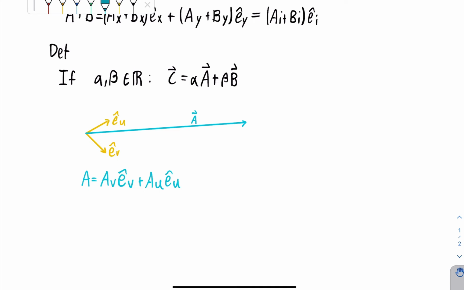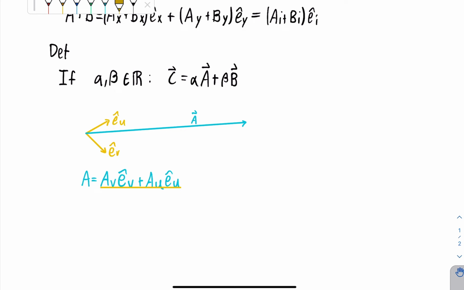So we can decompose A into components of e sub v and e sub u. And we draw a nice little parallelogram, and these will all be in the same direction as the vectors we have for the basis. So we can write A as a sum of scalars multiplied by basis vectors. Each of the elements in this sum is called a component. So we have a v component and a u component in that expression.